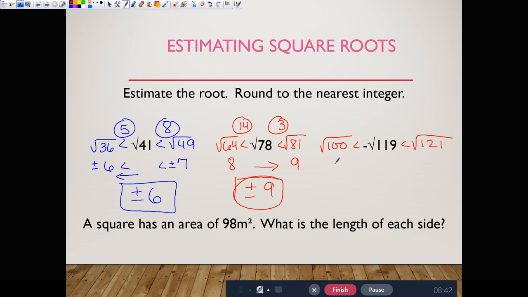So this would be 10, and this one would be 11. We're doing negative and negative. Okay, so how many away is 100 from 119? 19. How many is 119 from 121? 2. So which one is it closer to? Is it closer to negative 10 or negative 11? Negative 11, because it's closer. So my answer would be negative 11.